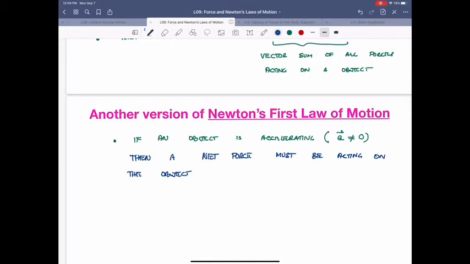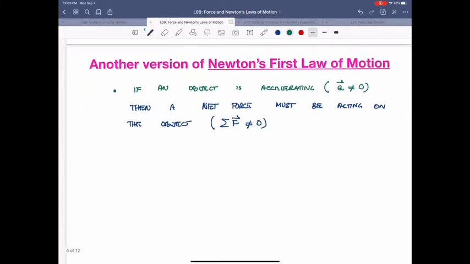And then you're going to get the net force coming out to be non-zero, which means the net force acting on the object is not equal to zero. Conversely, if the net force acting on an object is zero, then the object cannot be accelerating.